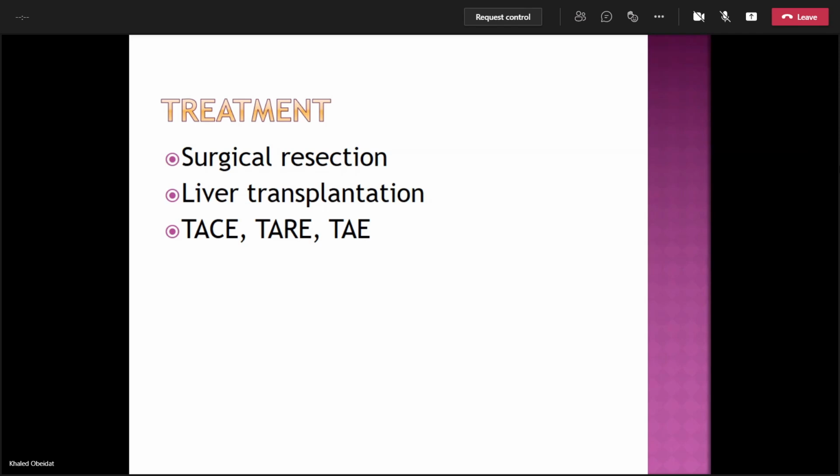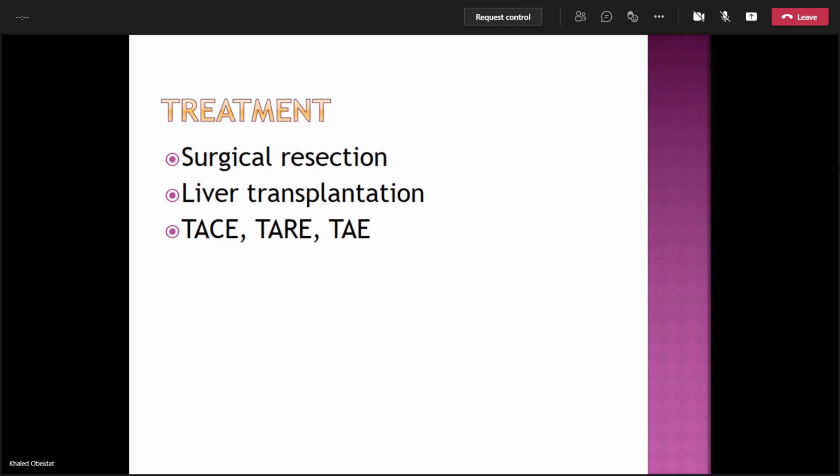What will decide whether to go to surgical resection or liver transplantation is the function of the liver. Again, most of these patients are cirrhotic, so we have to see what's the function of the liver, which is based on the Child classification, Child A, Child B, and Child C. And we also have what we call the MELD score, model of end-stage liver disease.